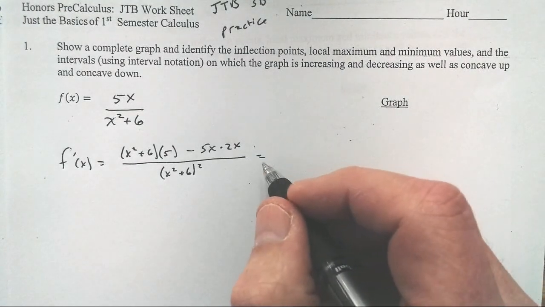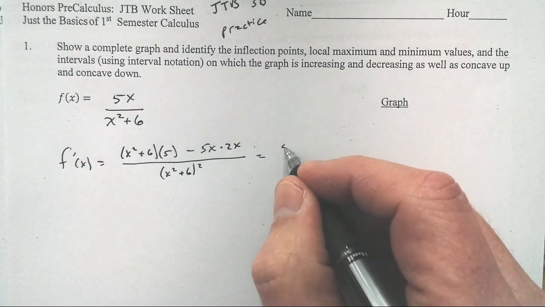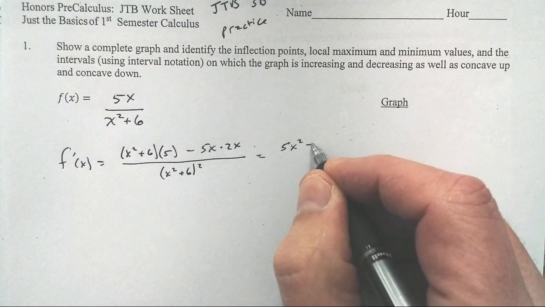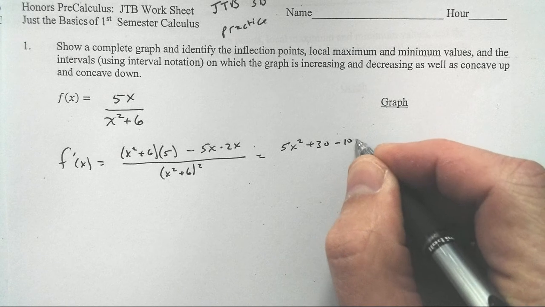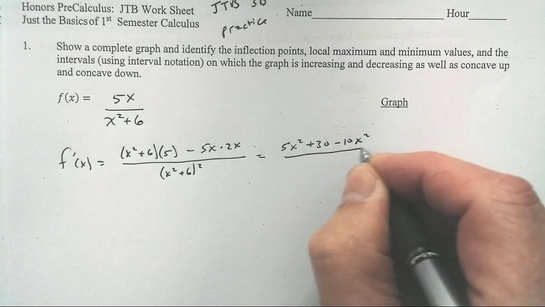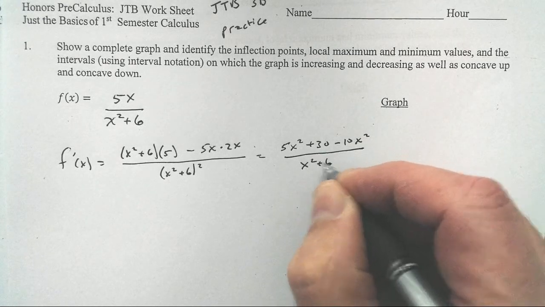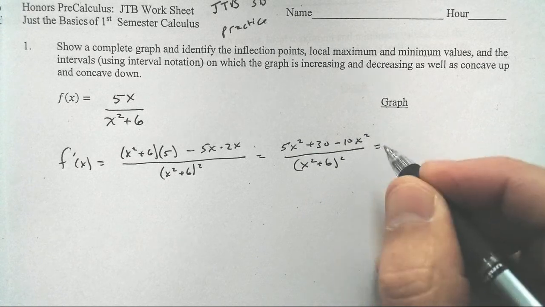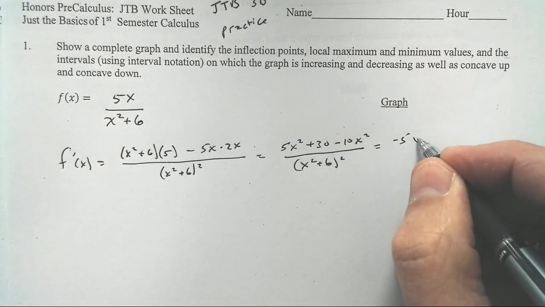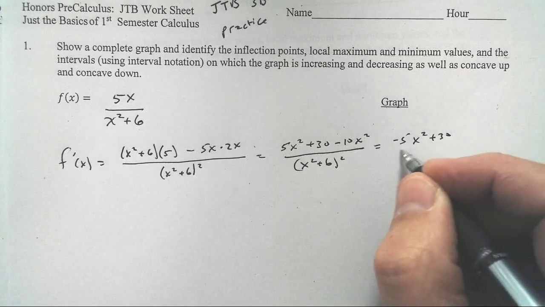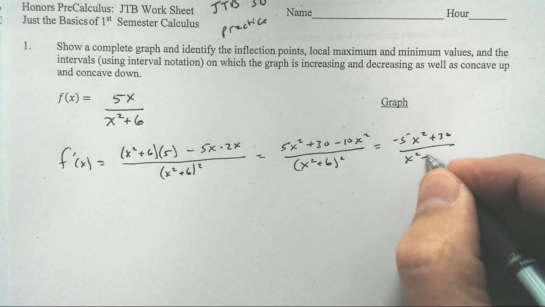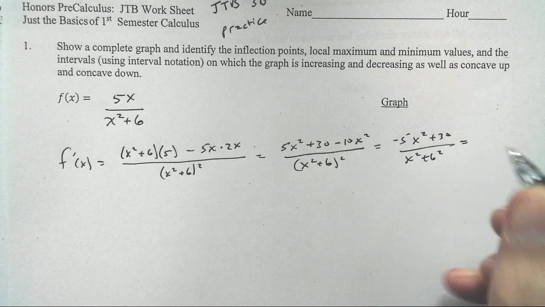So let's see, if we simplify the top, I get 5x squared plus 30 minus 10x squared on x squared plus 6 squared, or negative 5x squared plus 30 on x squared plus 6 squared.